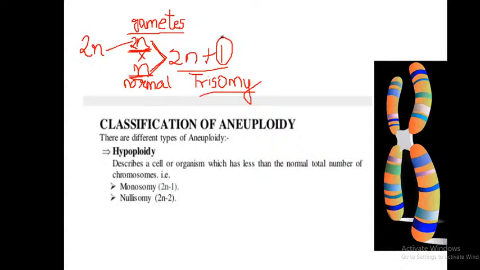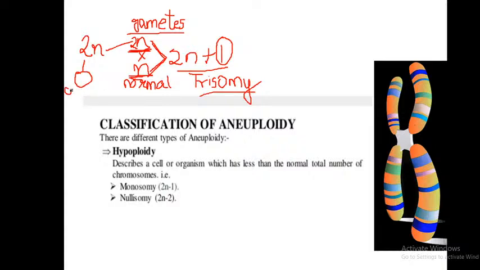In another case, when a gamete with a missing chromosome is formed, the other gamete here will not have any chromosome. These are two abnormal gametes formed as a result of primary non-disjunction.